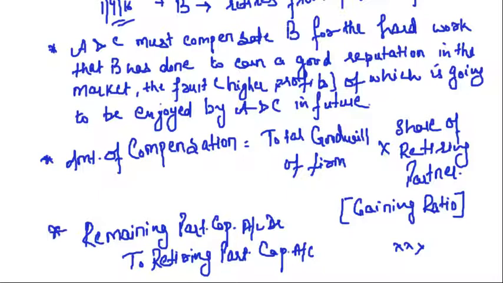What will be the amount of compensation? That will be the total goodwill of the firm multiplied by the share of the retiring partner. And the journal entry will be the remaining partners' capital accounts debited, right? And the retiring partner's capital account credited. Okay.